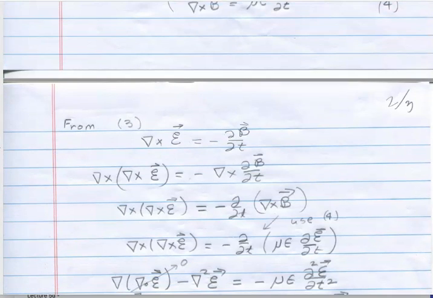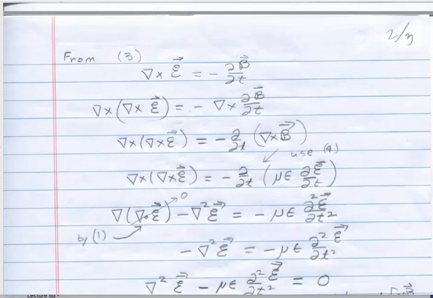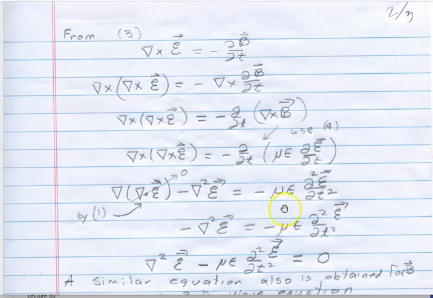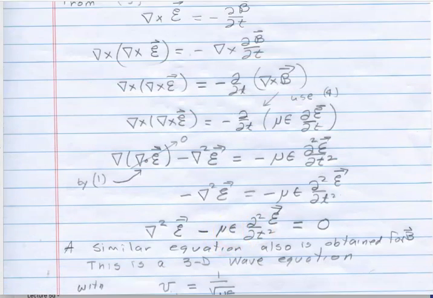And what you find is that for the magnetic field, I didn't write it here, I just stated it, a similar equation is obtained. In other words, if I put in the B equation, I would get the same equation for the magnetic field. If you look at that, well, that's like a three-dimensional wave equation, provided I identify this epsilon mu here with 1 over the velocity of the wave squared.